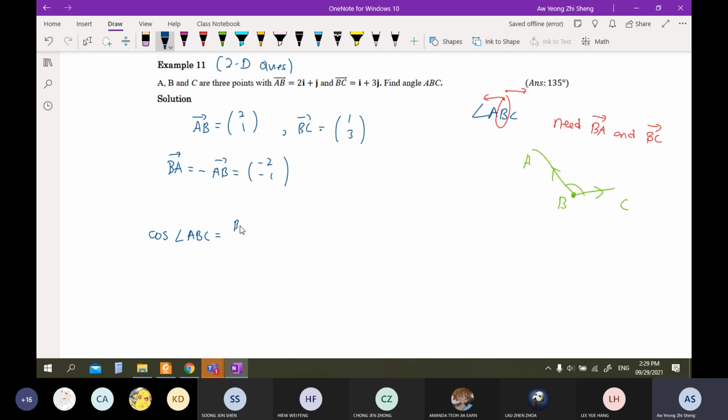is equal to BA dot BC divided by length of BA, length of BC. I suggest you state this formula.